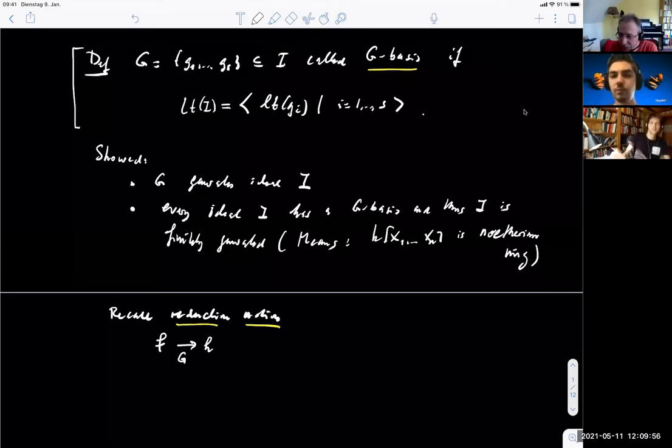So this was roughly the definition. And if we consecutively apply such one-step reductions, we get a many-step reduction, which I denoted this way. And when I arrive at a polynomial h where no more reduction is possible, then I call it a normal form modulo G.